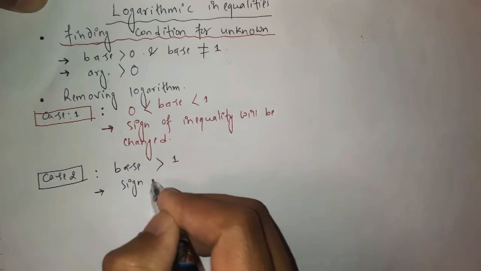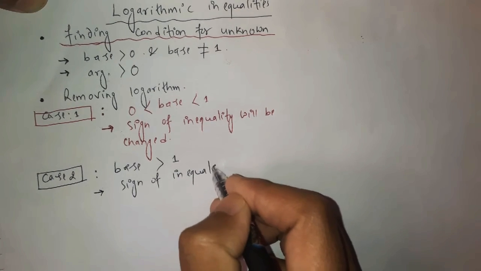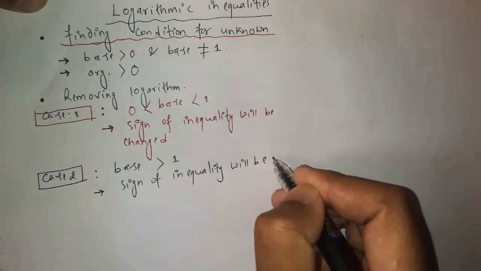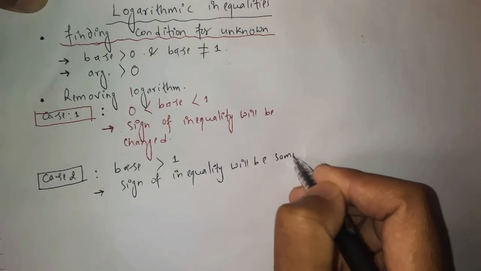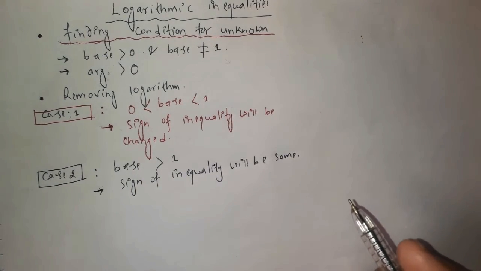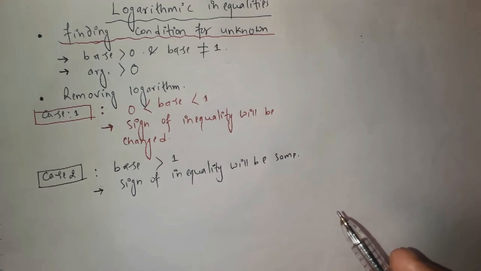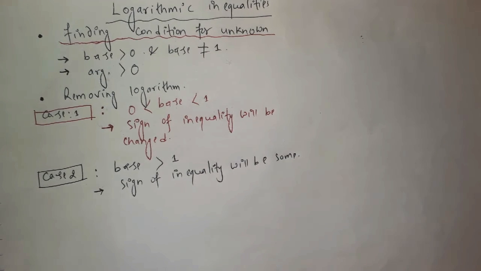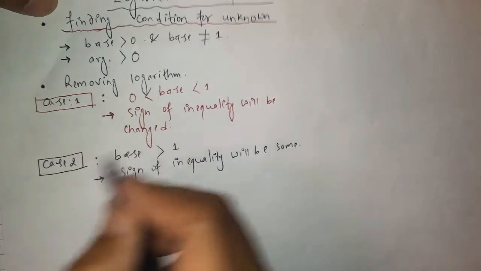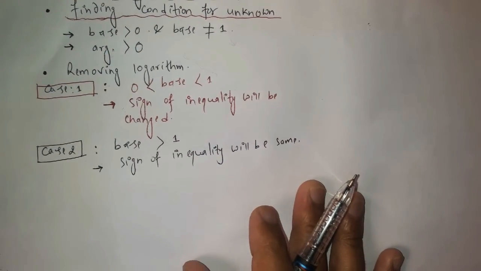It will be the same. If the base lies between 0 and 1, then the sign of the inequality will be reversed, and if the base is greater than 1, then the sign of the inequality will be the same. These are the two points to be remembered while removing the logarithm.